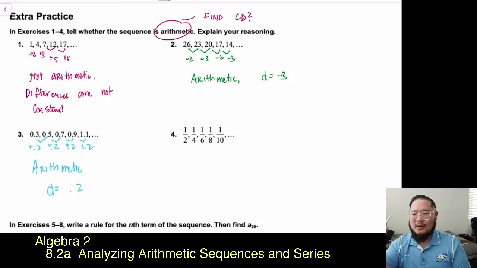If I take 1/2 and I add 1/2 to that, that equals 1. Now, if I take 1/2 and multiply by 1/2, then I get 1/4. And if I take 1/4 times 1/2, well, I don't get 1/6. So that's not it either. It looks like they do a very good job of trying to trick you right here. And maybe you fell into that trap. Let's hope you won't. So this right here, we can go ahead and say is not arithmetic.